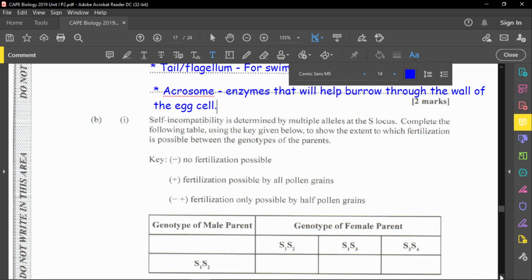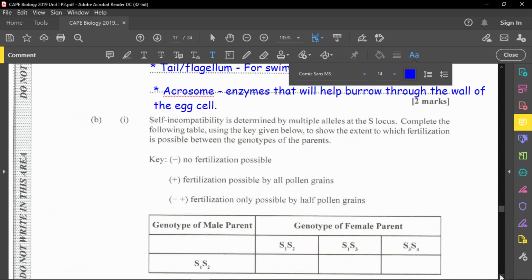Remember, the pollen tube is triggered by chemicals. If the chemicals within the pistil are not compatible with the chemicals of the pollen tube, then a pollen tube cannot be formed, and hence no fertilization. Make a note of that.